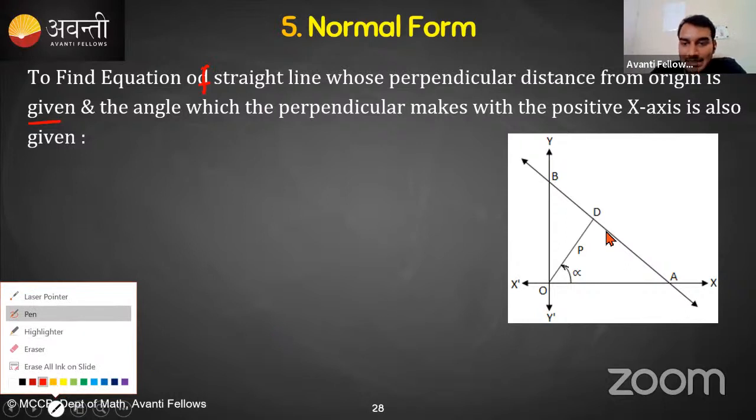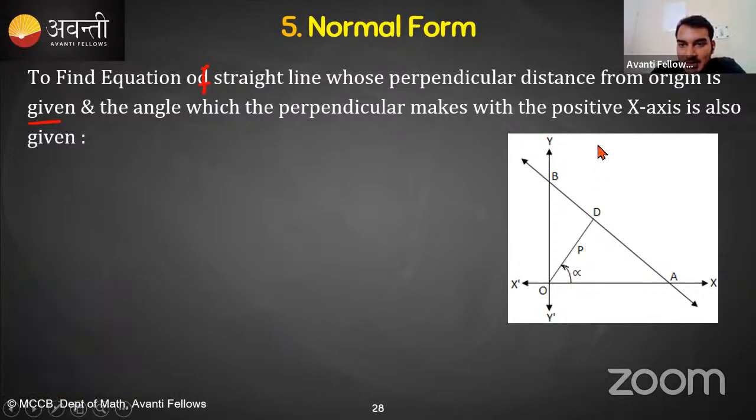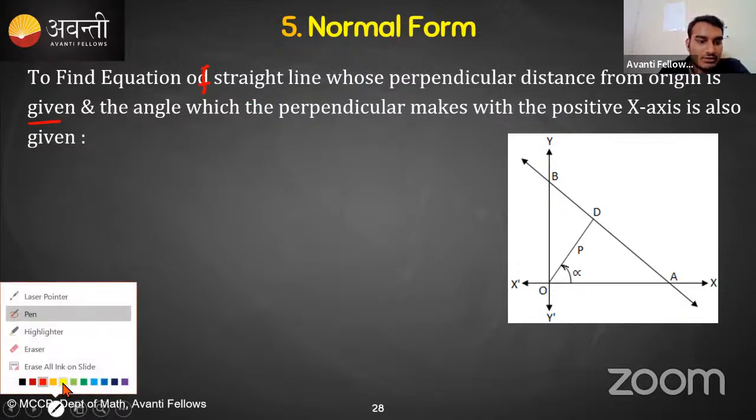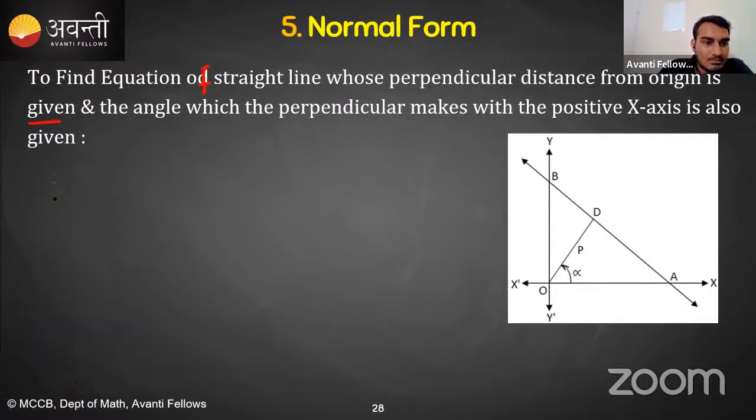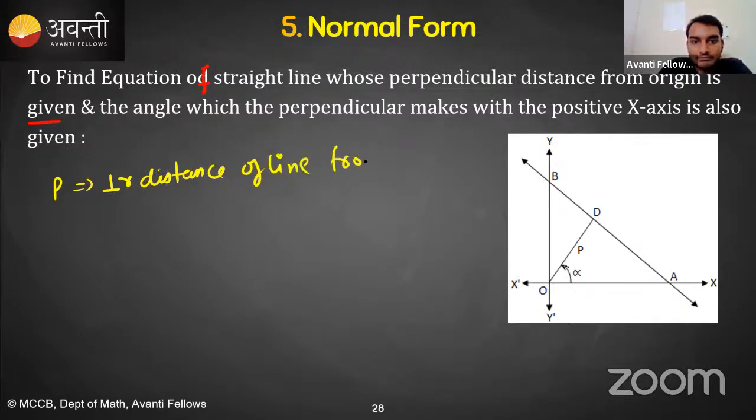Okay, so in this diagram, what is your p? P is the perpendicular distance of line from origin.